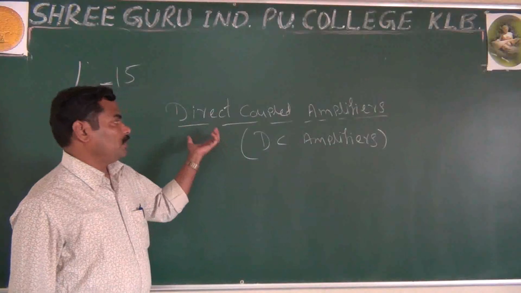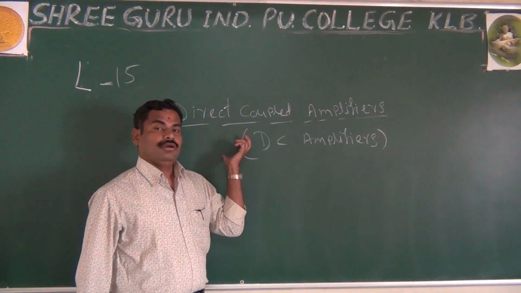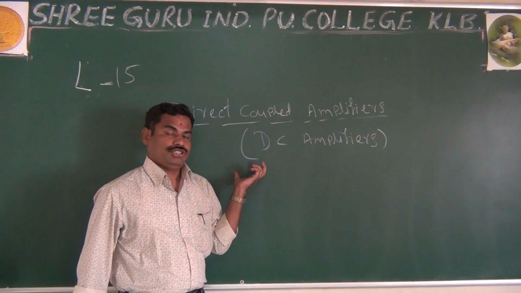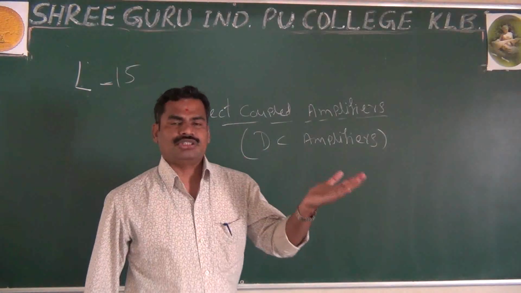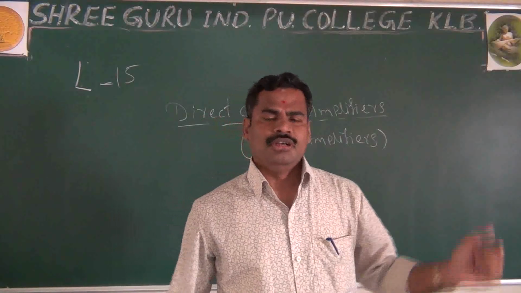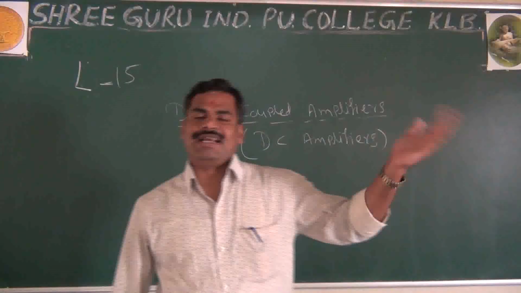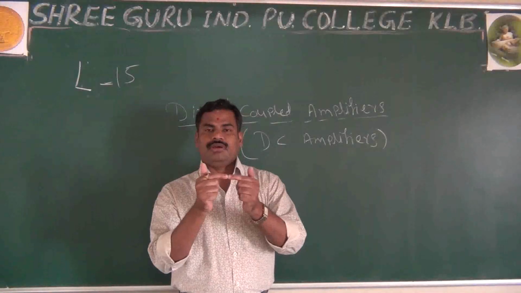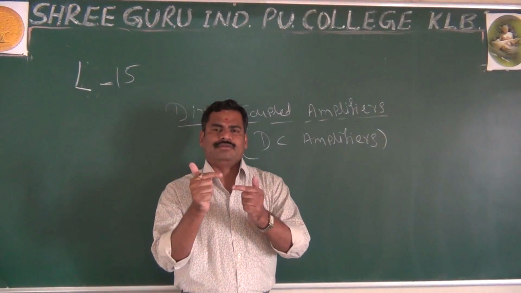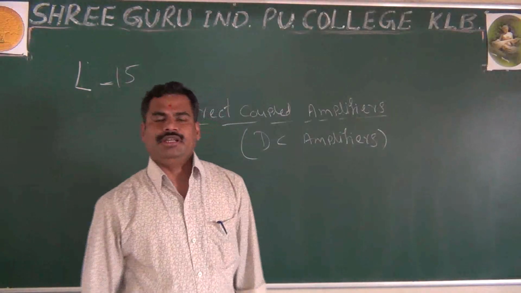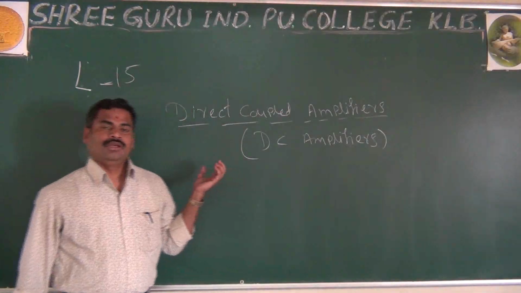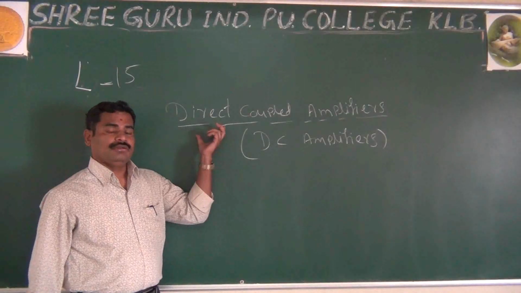But direct coupled means you are not using passive components. You connect the output of a stage directly, with a wire, as the input of the next stage, with no components in between. That's why it is called direct coupled.